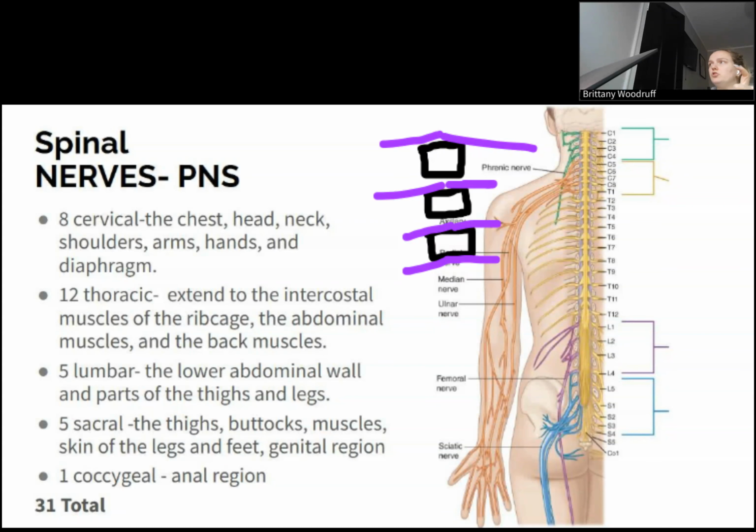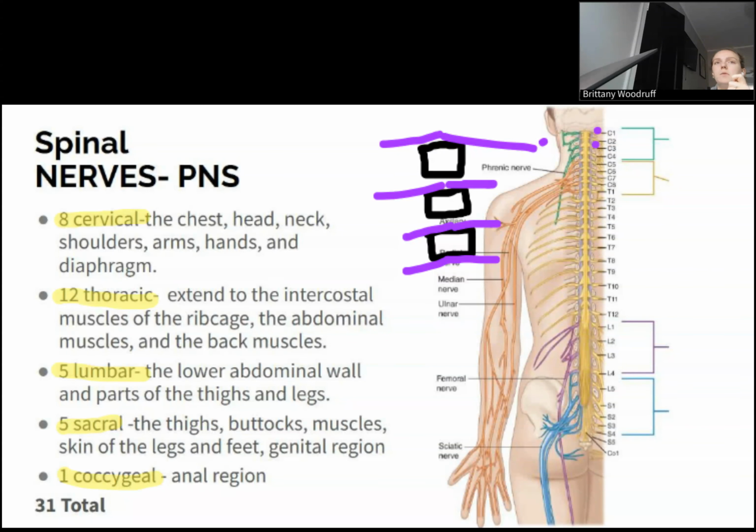In your cervical region, you have 7 cervical vertebrae and you have 8 cervical nerves, because you have a nerve coming out of both the top and the bottom of your C1 vertebra. You are going to have 12 thoracic nerves, the same number as thoracic vertebrae, 5 lumbar nerves, the same number as lumbar vertebrae, 5 sacral, the same number as the sacral vertebrae, and 1 coccygeal.